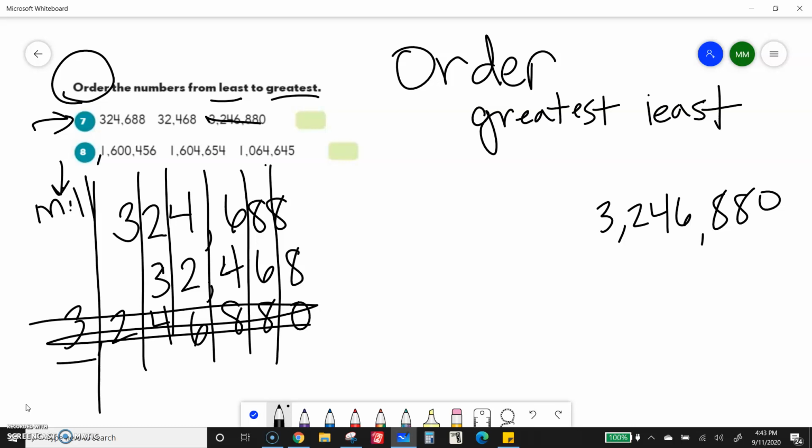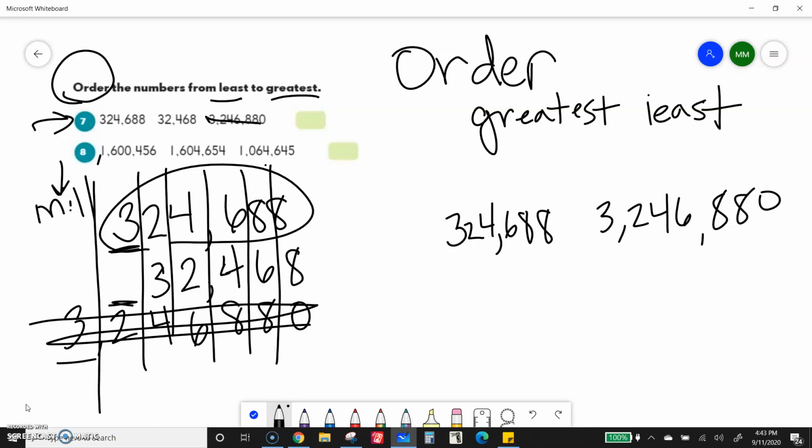And then I notice this one has 100,000s. This one doesn't have any 100,000s. So then I know that this one is going to be my next biggest. So notice how I actually found the biggest ones first, but then I could just go in reverse, leaving this one as the smallest one, since I had to start with the least and go to the greatest. So again, I wrote them vertically and I compared them that way.